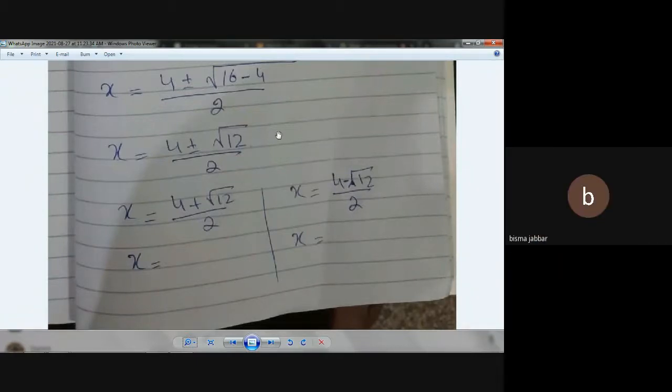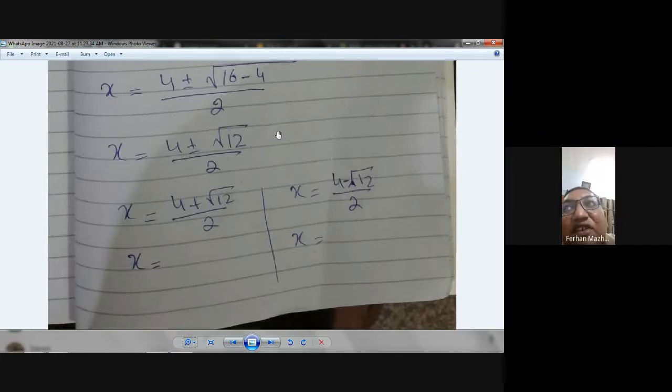Yes. Okay, first one fine. Now check your answer from the book. Kindly do this calculation: 4 plus under root 12, divided by 2, equals 3.73.